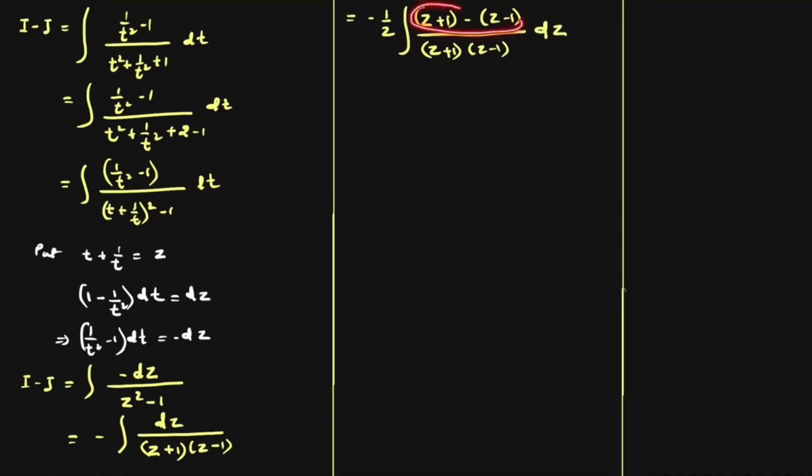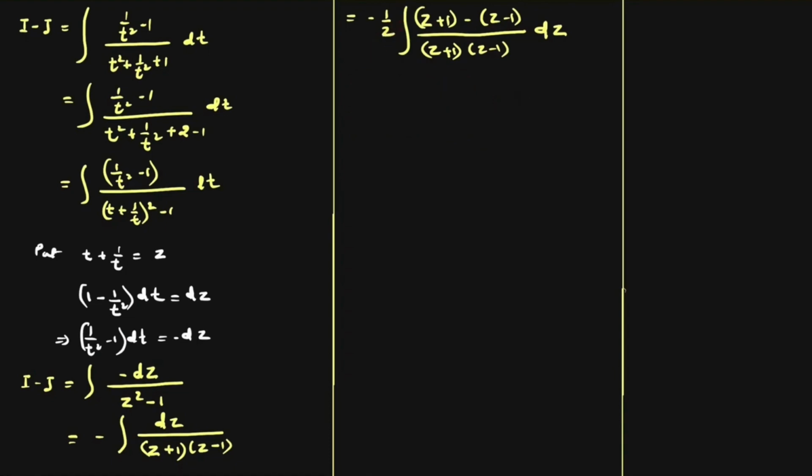If you solve the numerator, then you will get z plus 1 minus z plus 1, which is equal to 2, and this 2 we cancel with that 2.